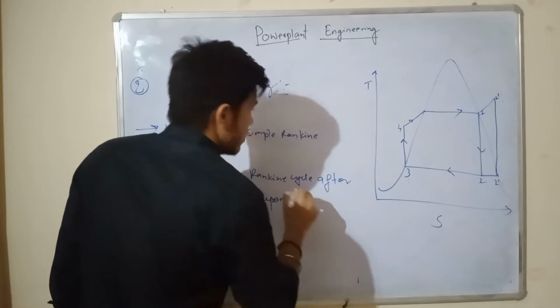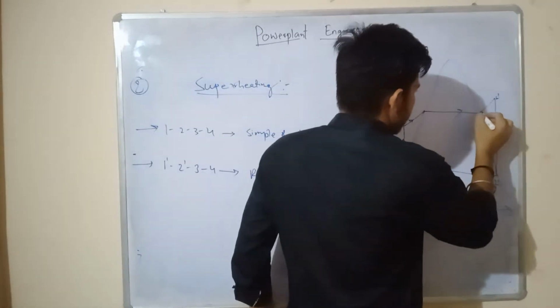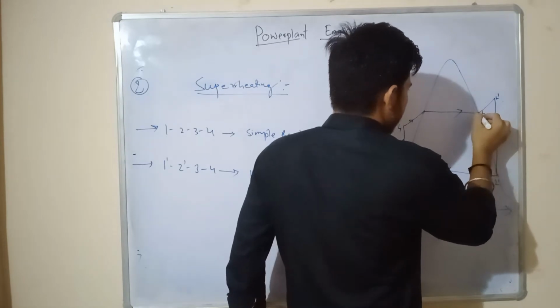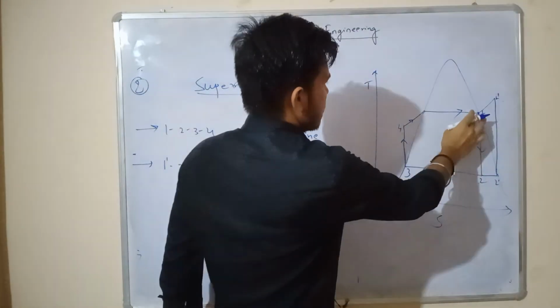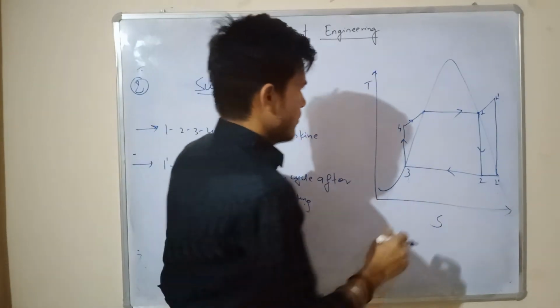Okay, now what happened here, my dear? At this point we already discussed. What is there at this point? There is a saturated vapor. When the saturated vapor enters the superheating region, the superheater will be there.